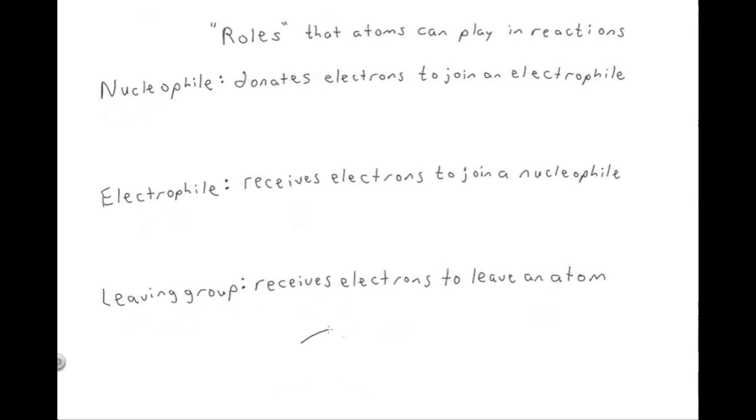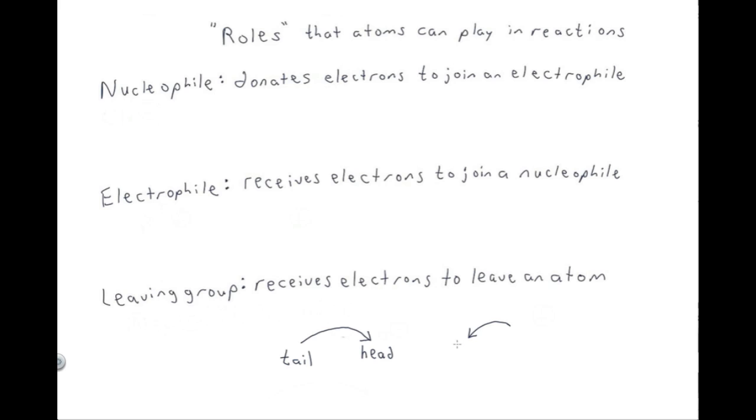Let's talk a little bit more about the structure of an electron-pushing arrow. Every electron-pushing arrow has two parts, a head and a tail. Do you know which part this is? This is the tail of the electron-pushing arrow. Which part is this? This is the head.